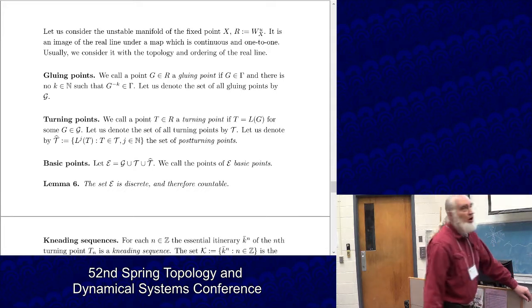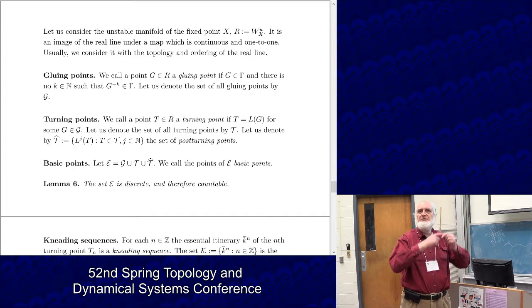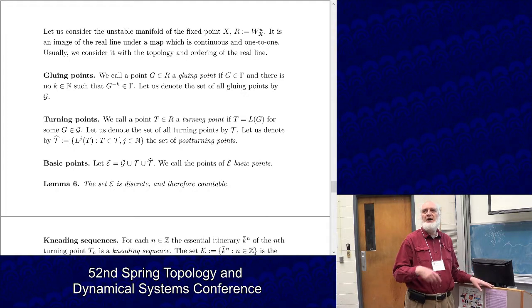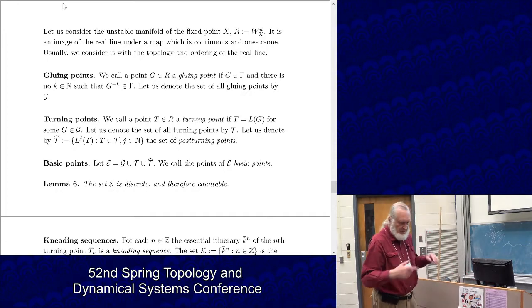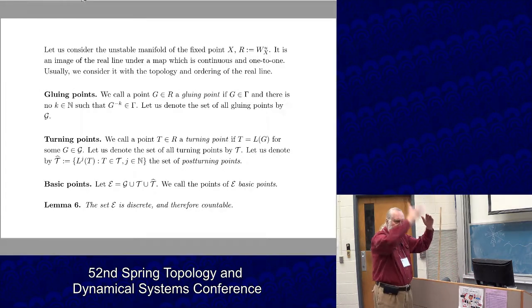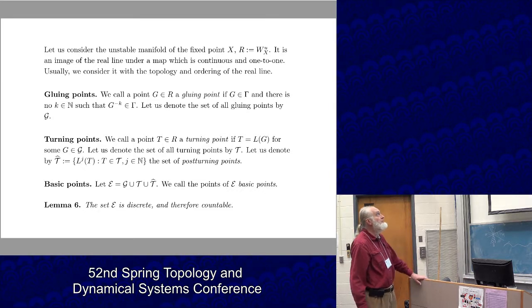Okay, so we have those points where our attractor intersects the divider, and we call them gluing points. And then we have their images.